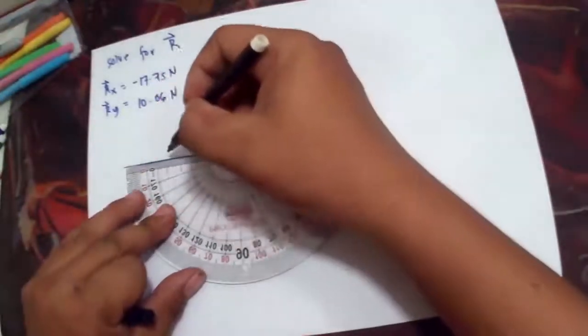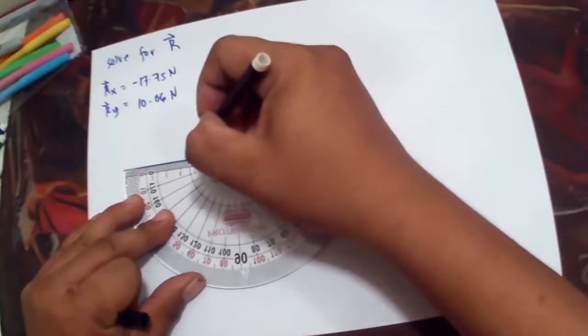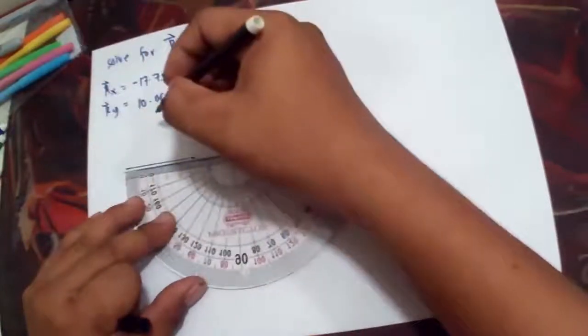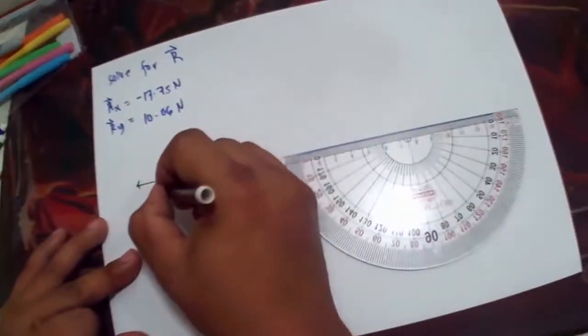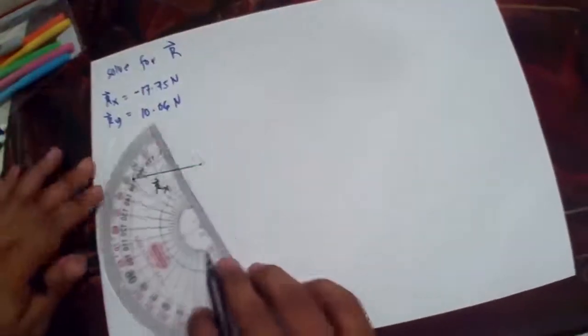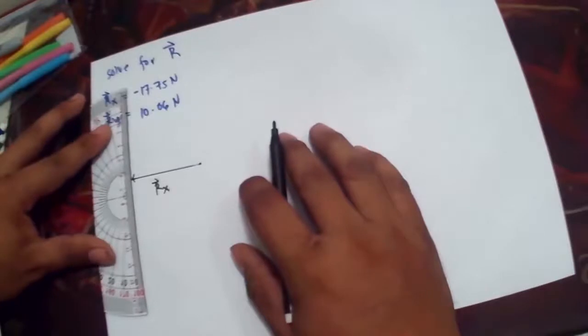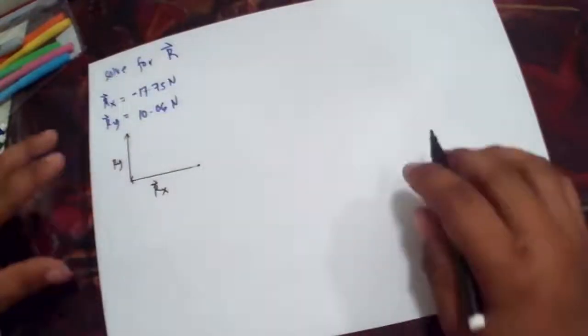So for vector r sub x, this is going to west because that's negative. So this is now my vector r sub x. Now for r sub y, the positive, obviously that's going to north or upward. So this is my vector r sub y.